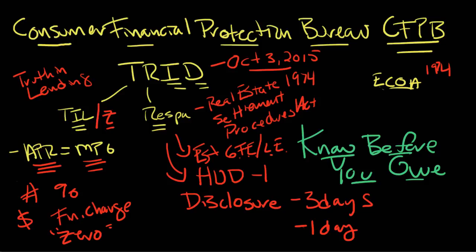So they got to give you a loan estimate within 3 days of applying, and they have to give you the final disclosure figures of what the actual numbers of the loan are 3 days before closing. And that's a big difference, because before it was just 1 day before closing. So that's a big difference.